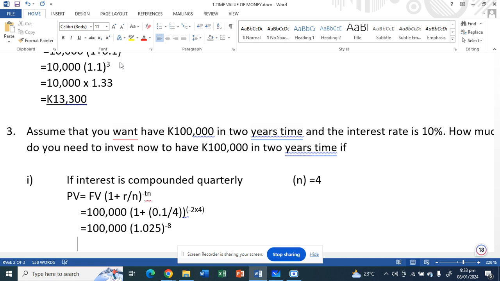The next thing we need to do, first we need to find 1.025 to the power negative 8. So to two decimal places, we get 0.82.